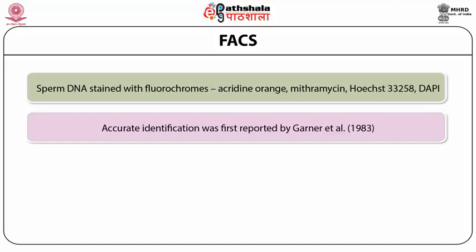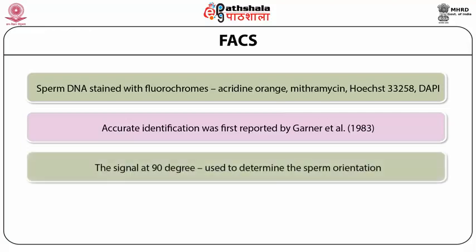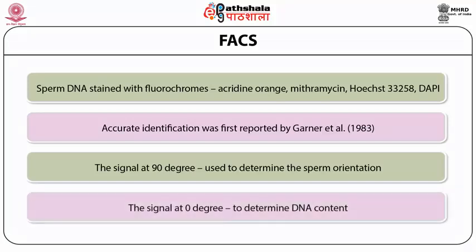The technique utilized staining of sperm with certain dyes which stain their genetic material, and then they are passed through a beam of laser. The signal at 90 degrees is used to determine the sperm orientation, whereas the signal at 0 degrees is used to determine the DNA content.